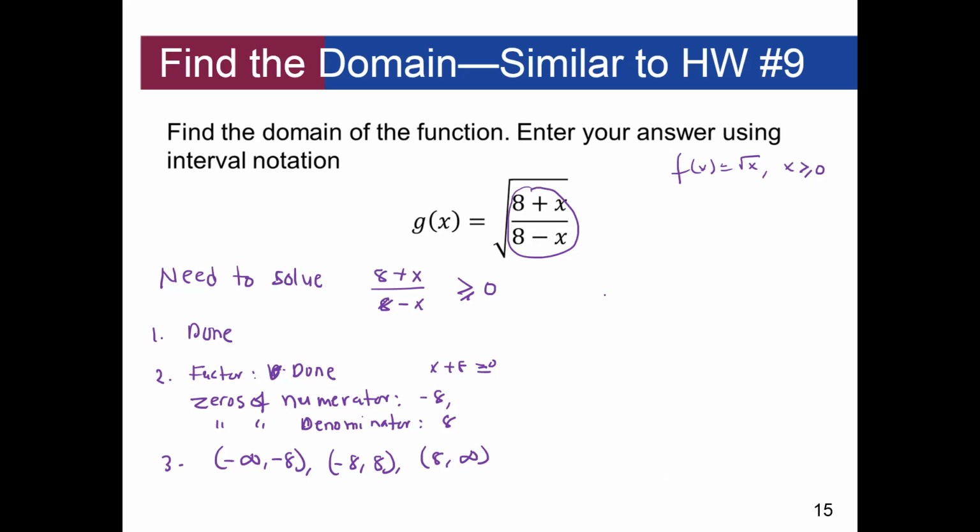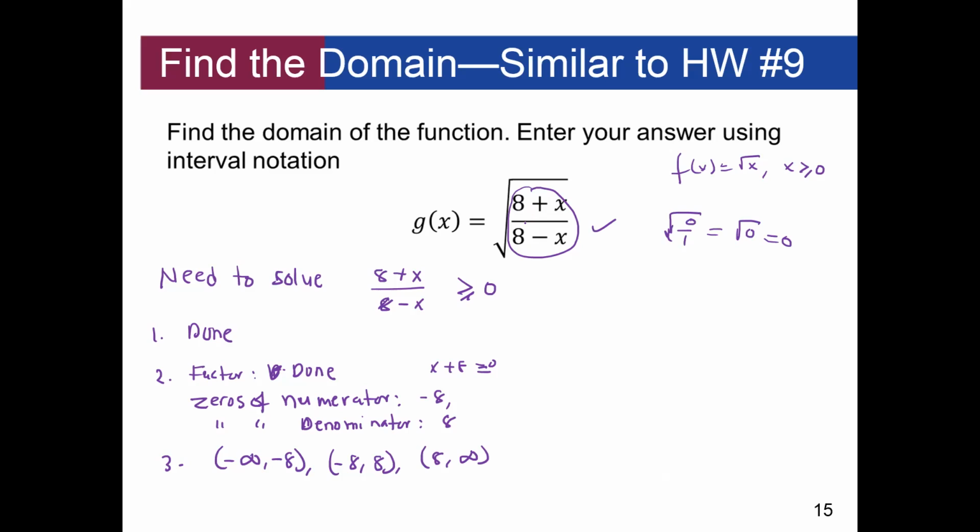Because if I have the square root of 0 over a number, that's 0. So you have to pay attention that this is a rational function under the radical. You cannot have the denominator be 0, but you can have the numerator be 0, and that will be fine.